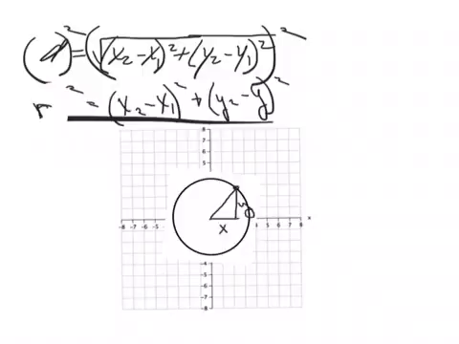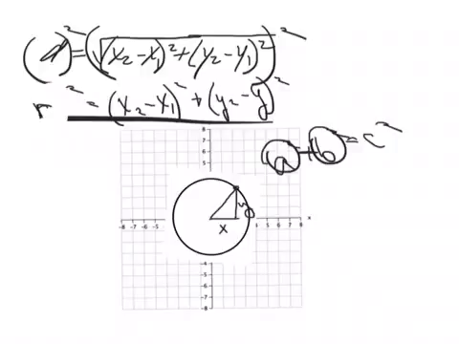And if you remember Pythagorean, a squared plus b squared equals c squared. So this is the x and this is the y, or vice versa. C squared is the hypotenuse, which is that right there, and that is the radius. So the radius and the hypotenuse are the same thing.